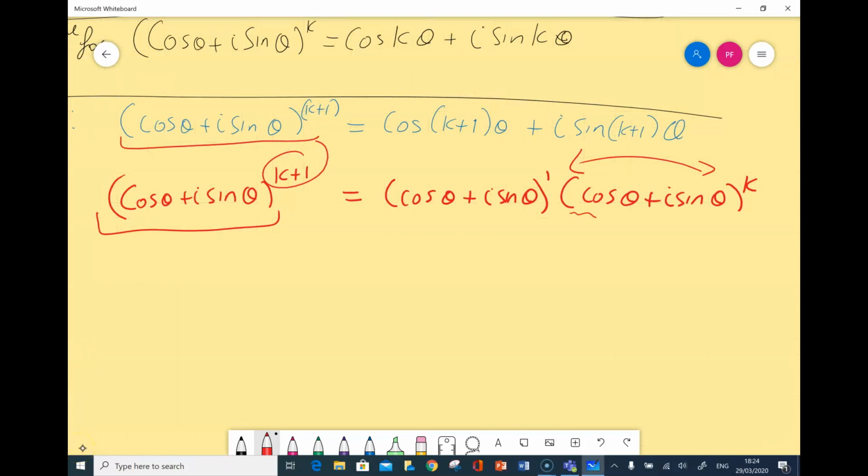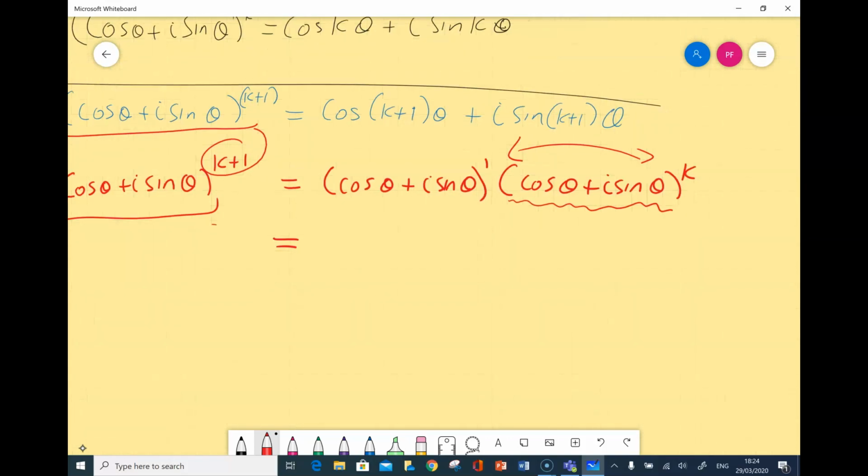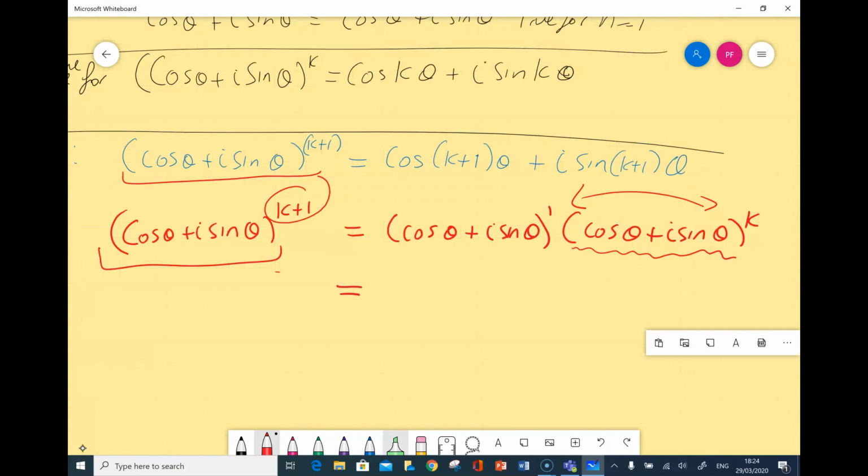Now you'll notice that this part here is our assumption. Anyway, our left-hand side stays the same. I'm not going to rewrite it every time. All I'm going to do now is apply de Moivre's theorem just to this bit here. How can I just apply it to this?